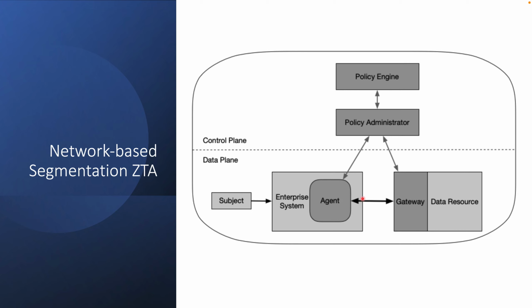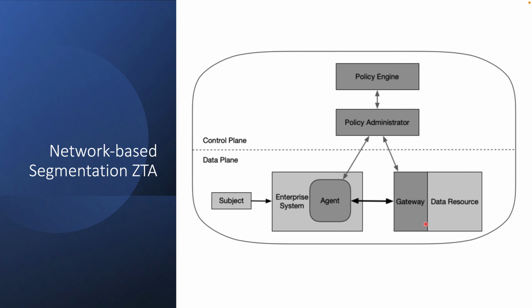The last approach uses network-based segmentation. It uses the network infrastructure to implement Zero Trust architecture. This approach basically uses user network location and network properties to grant access.